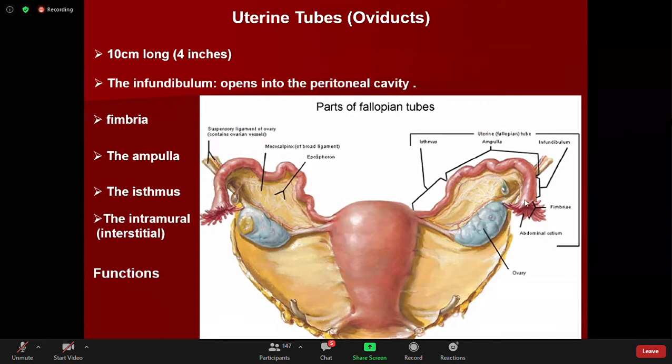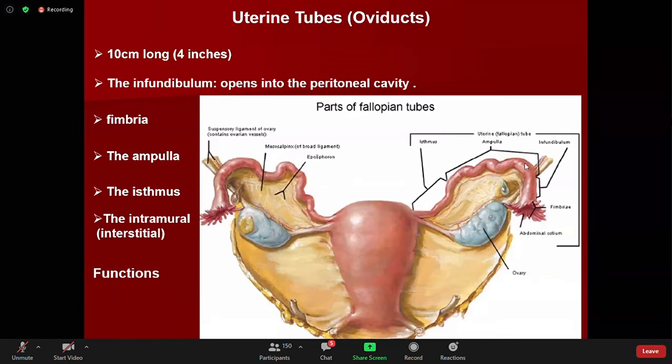So this is the ovary. This is the ovarian ligament, and this is the fallopian tube, which clinicians refer to as the salpinx. These finger-like projections we call fimbriae. They're going to pick up the ovum, and the ovum is going to go to the widest part of the fallopian tube, called the ampulla.